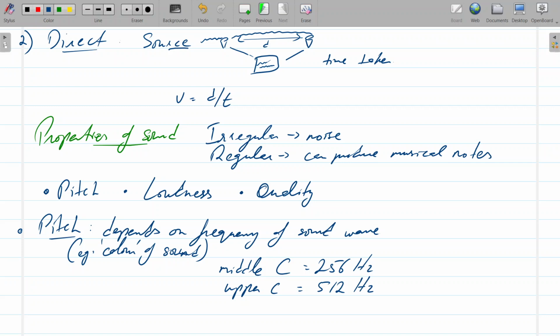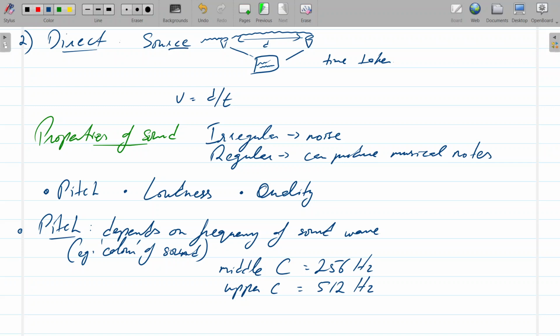Now, they give the example of a tuning fork. Tuning forks are an instrument that can have fixed frequencies or can be adjustable as well. And different pitches, different frequencies can also be generated through speakers, right?